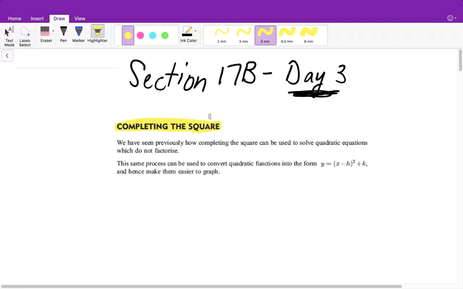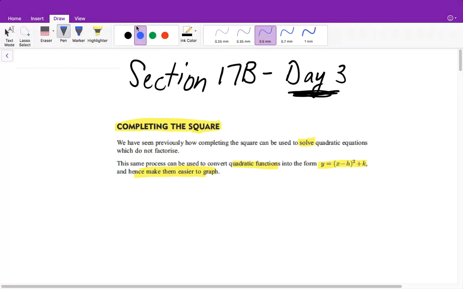But we have seen previously how completing the square can be used to solve quadratic equations which do not factorize. The same process can be used to convert quadratic functions into our vertex form, and hence make them easier to graph and to find our vertex. So it's the same thing that we did before.